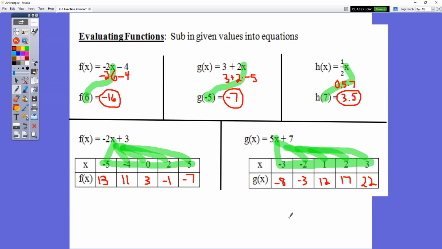So again, all that you're doing is taking those numbers, subbing them in for X, and finding your answer.